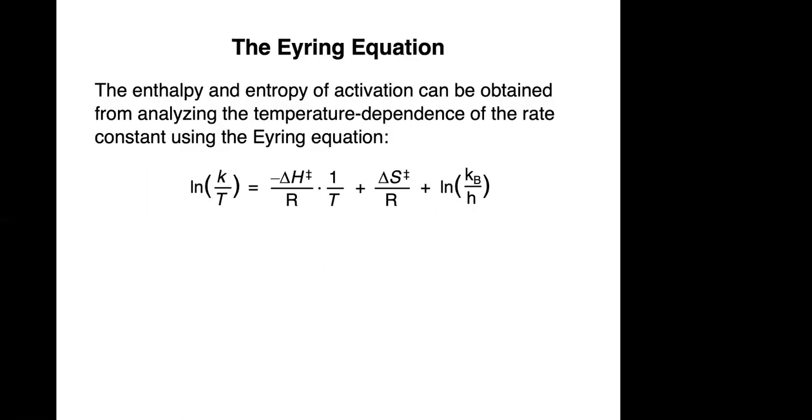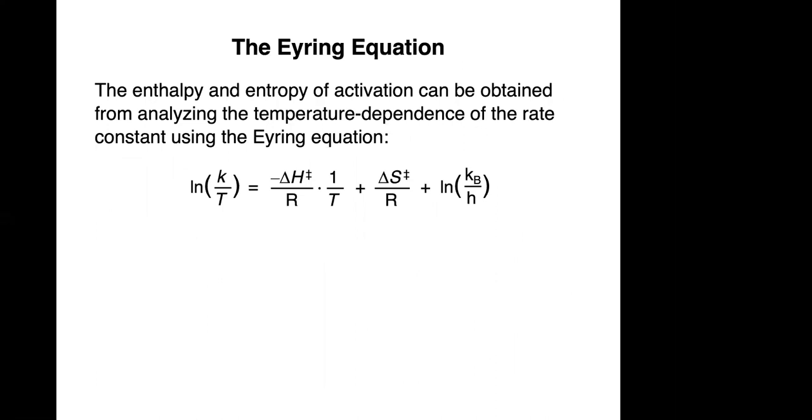Here we can see the Eyring equation, and this is just relating the enthalpy and entropy of activation, as well as the temperature, to the rate constant.